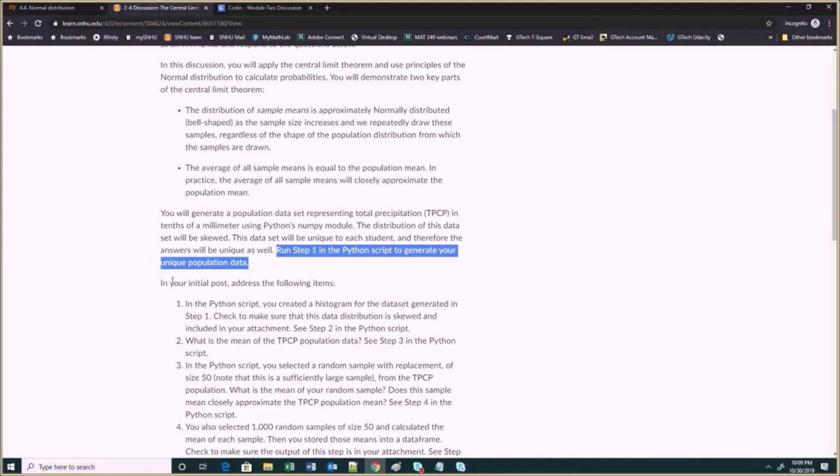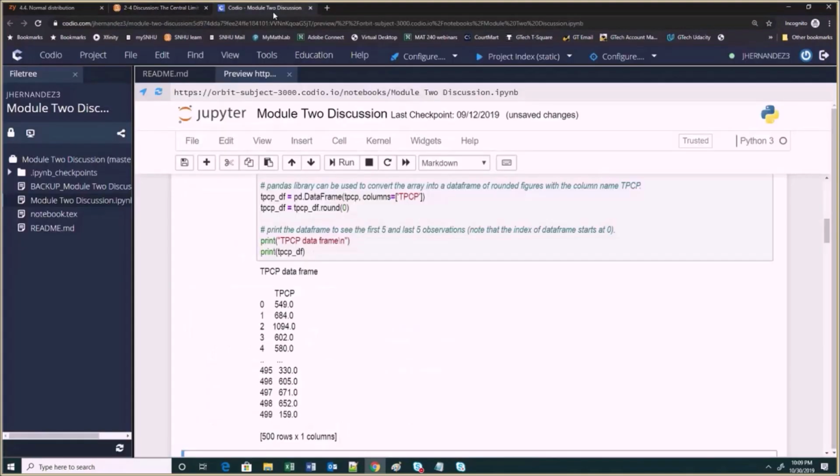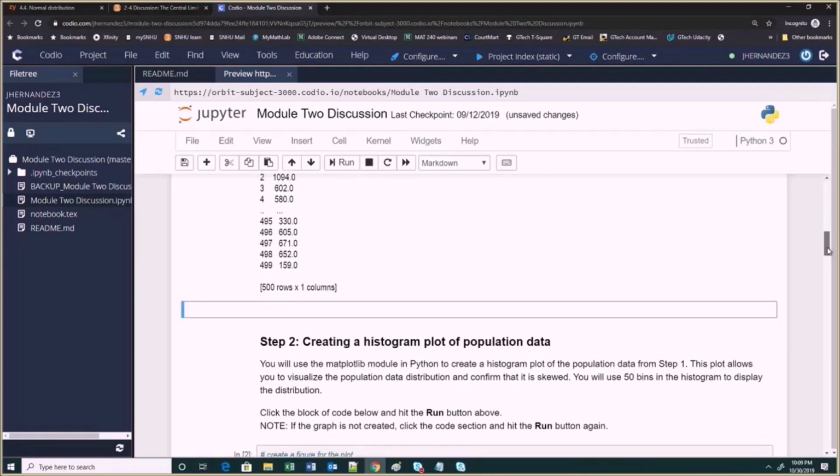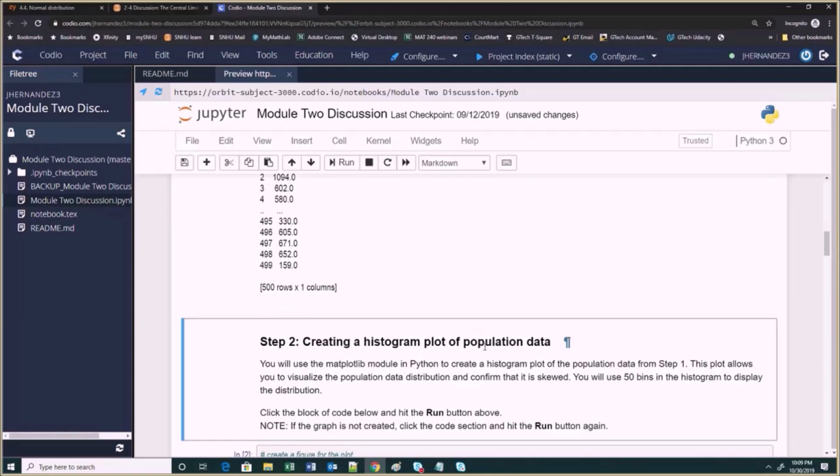In your initial post, address the following items. In the Python script, you created a histogram for the data set generated in step 1. Check to make sure this distribution is skewed. See step 2 in the Python script. So we should go to step 2 now. In step 2, I'm creating a histogram plot of the population data.